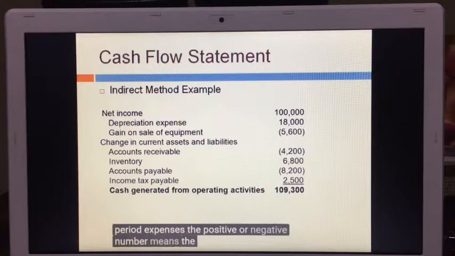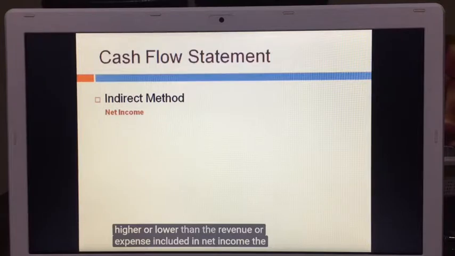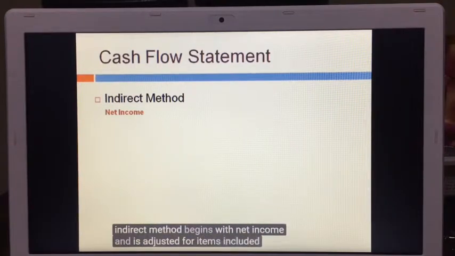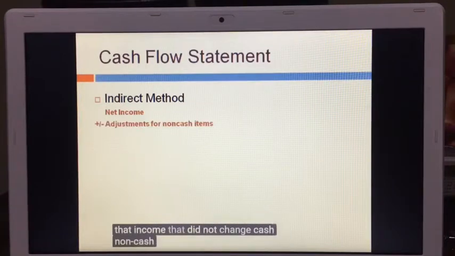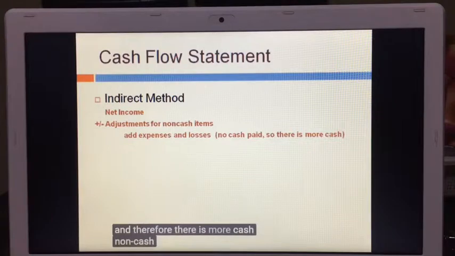The positive or negative numbers mean that the amount of cash is higher or lower than the revenue or expenses included in the income. The indirect method begins with net income and adjusts for items included in that income that did not change cash. Non-cash expenses and losses are added to net income because they were not paid, and therefore there is more cash.